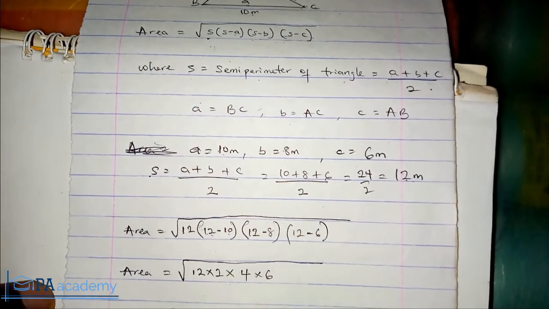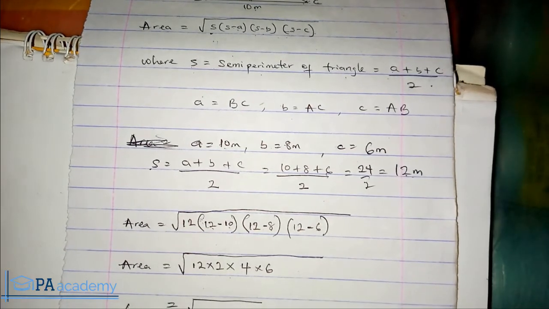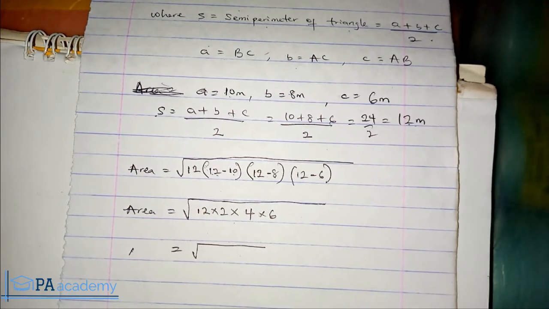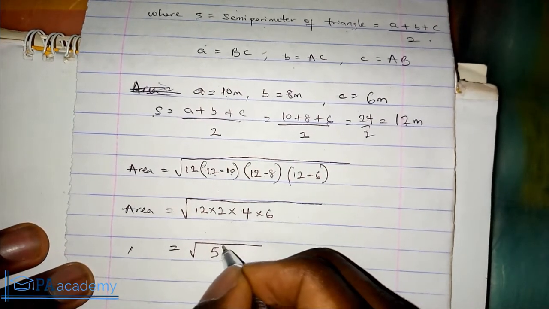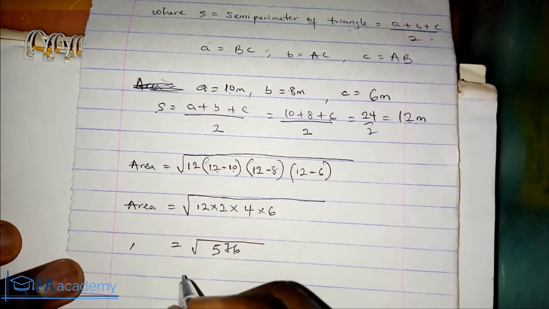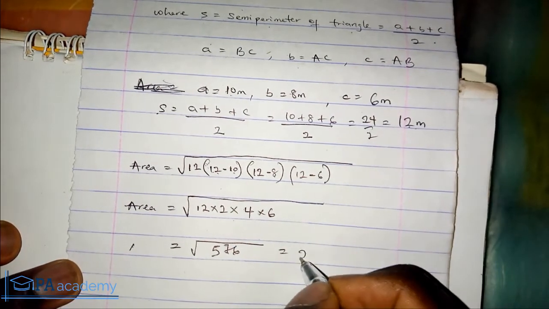So that will give us the square root of 12 times 2 times 4 times 6, that's 576. So the square root of 576 will give us 24.